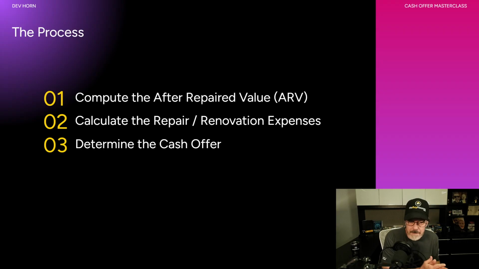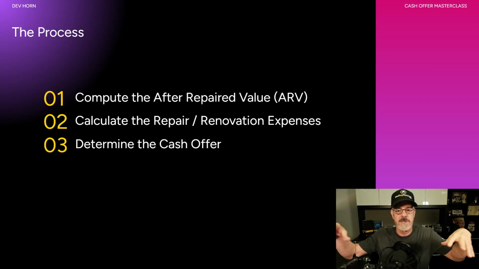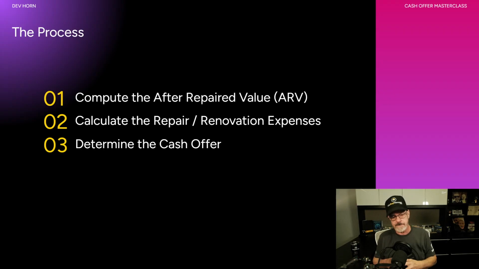So step 2 is to calculate the repair or renovation expense estimate that it would take to get the house into perfect condition, into after repaired value. And then number 3, we would then determine the cash offer based upon after repaired value and the repair estimates.